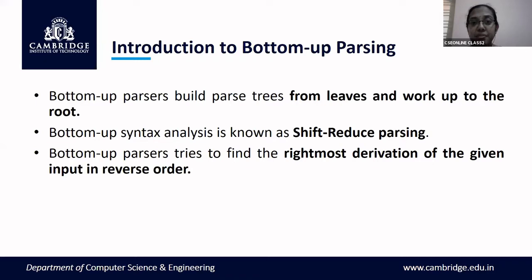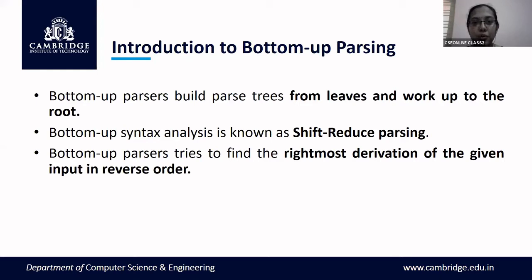This is the second difference between top-down parsing and bottom-up parsing. The very first difference is that the top-down parser constructs the parse tree from the root node and goes to the leaf node, and a bottom-up parser starts from the leaf node and moves up to the root node. Fine. And the second difference is that it is leftmost derivation there, and here it is rightmost derivation in reverse order. Okay.